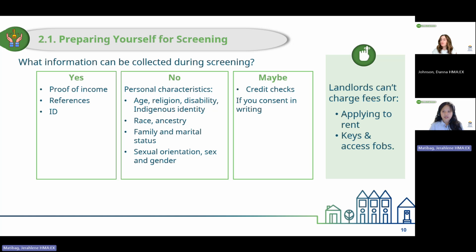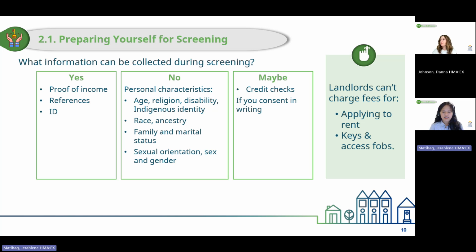Under the BC Human Rights Code, landlords cannot ask questions or make decisions based on personal characteristics like age, disability, family status, or indigenous identity. They can do a credit check. It is allowed, but only with your written consent.